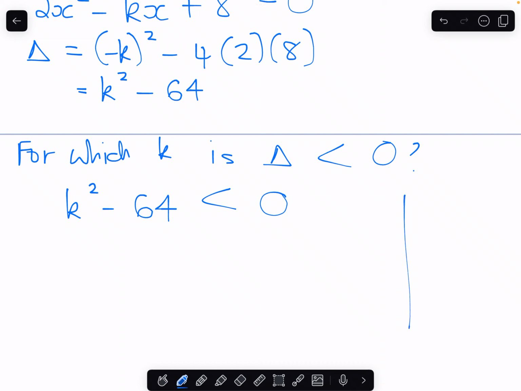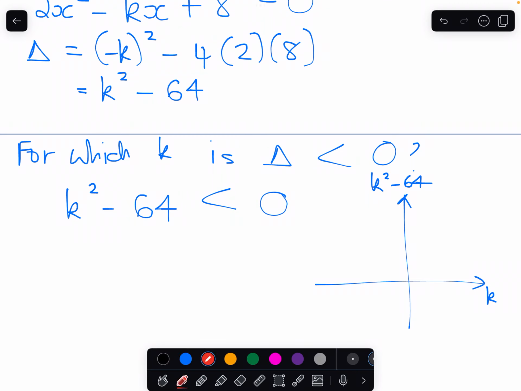And this is a parabola we can sketch real quick. So we plot k versus k squared minus 64. It's pretty much a parabola that looks like this, where this is minus 64, and k squared minus 64 is the same as k minus 8, k plus 8.